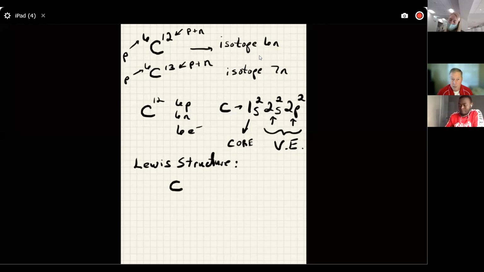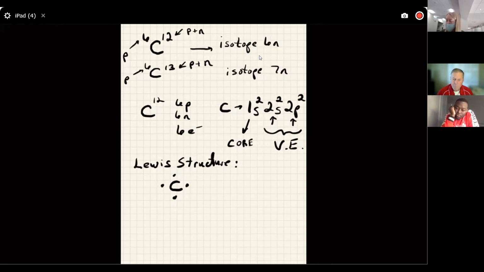There's 4 valence electrons. So we're going to put an electron here in the north, an electron here to the east, an electron here to the south, and an electron here to the west. So there are 4 valence electrons in that structure.